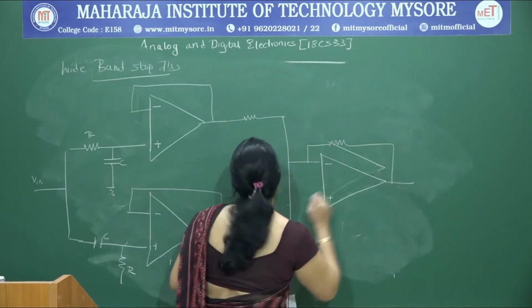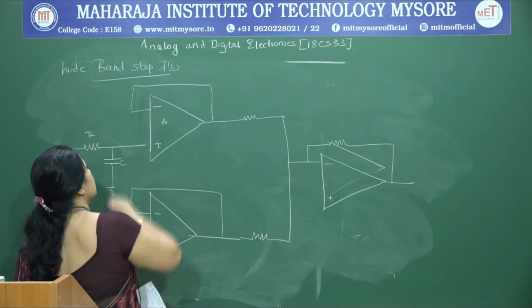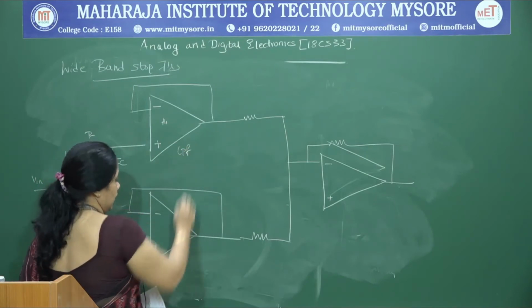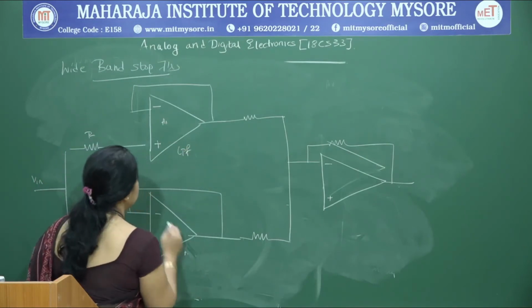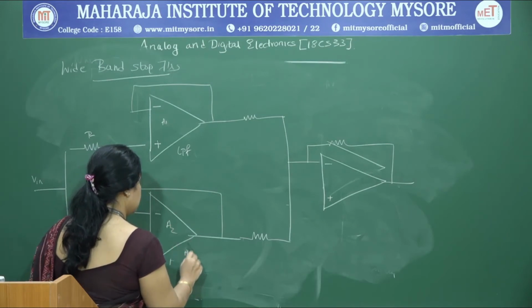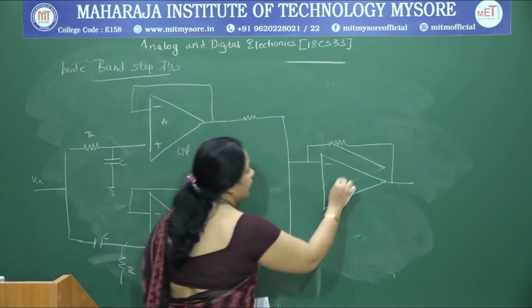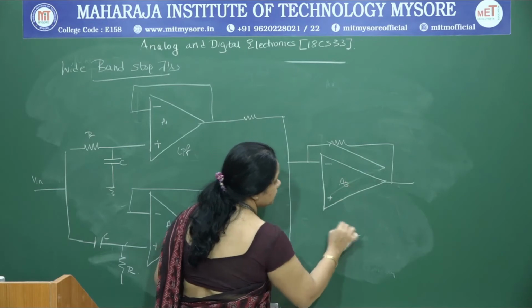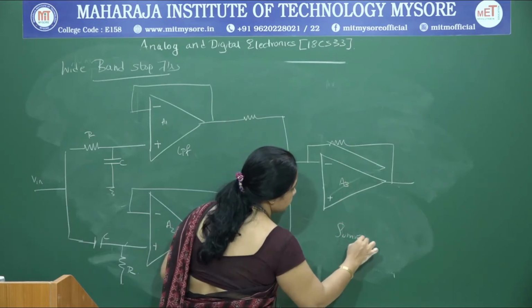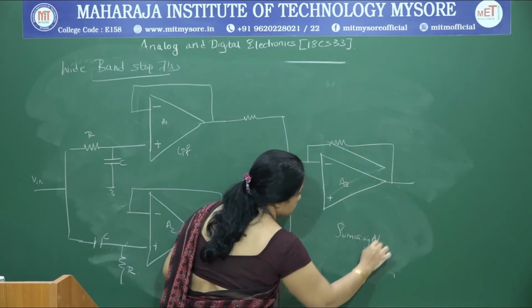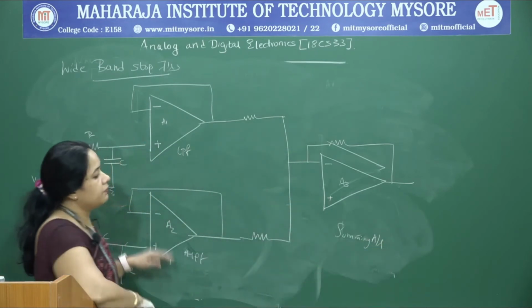So, here this op-amp A1 is used as a low pass filter, A2 is used as a high pass filter, and the third op-amp A3 is used as a summing amplifier. So, this is how you construct a wide band stop filter.